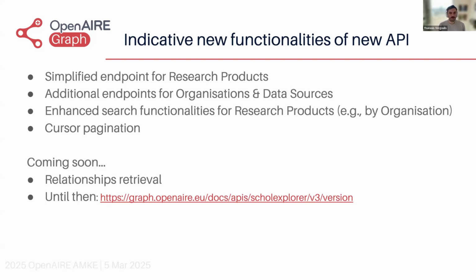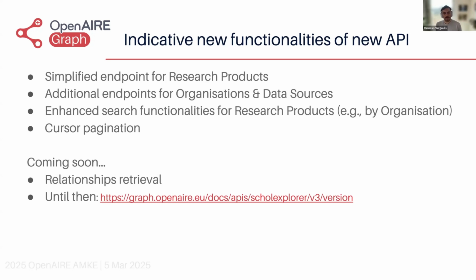We have created additional endpoints for organizations and data sources that did not exist before. So it's now possible for people to search based on this kind of queries. And we improved the search functionalities for the research products themselves. For instance, something that was not possible with the search API was to search research products based on the organization that is affiliated with those research products, and this is something that now can be done.